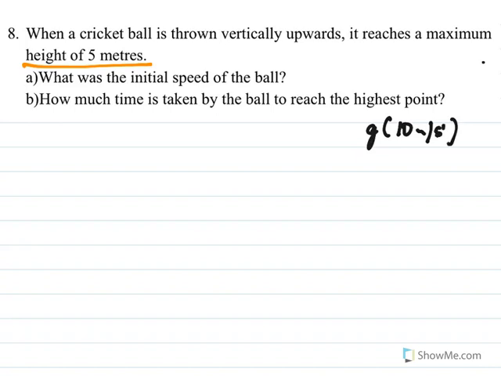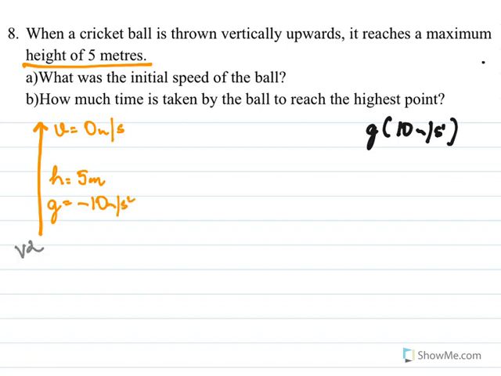Now this is again a rising body, which means v, the final velocity, is 0 meter per second, the h is 5 meter, and the g, since it is a rising body, is minus 10 meter per second square.